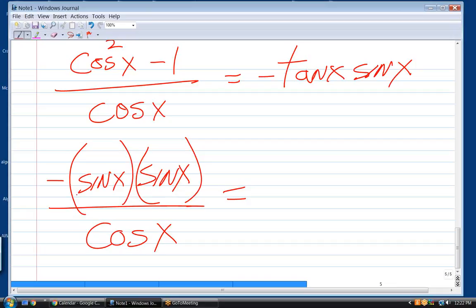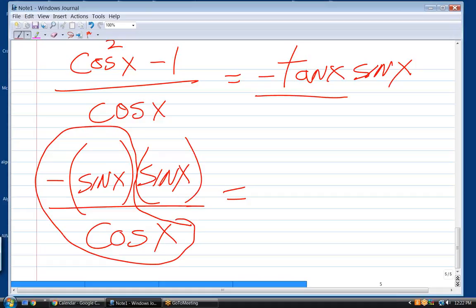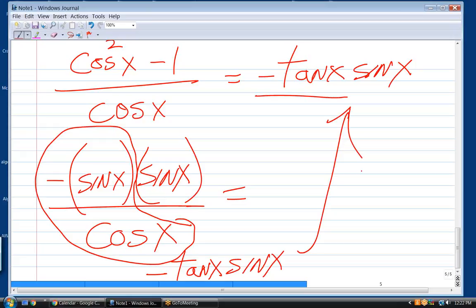In other words, if you really want to split this into two fractions, we can have that part of it times sine x. So I'm going to replace this minus sine x over cosine with a minus tan x, and I still have my sine x there, and now I've made it look exactly the same. Correct.